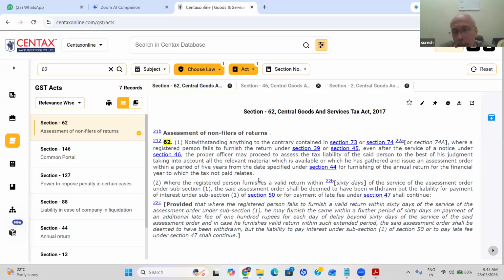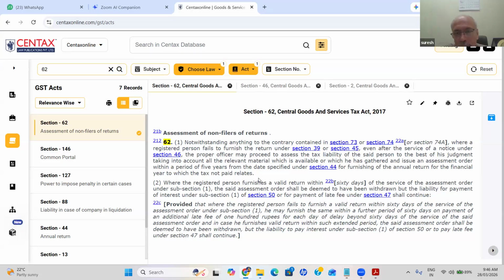Now I come to the practical problem, sir, as RPG has told me. So what is the practical problem? I tell you. Suppose the return of April was not filed, and ASMT 13 was issued. Agreed. And the assessee did not file the April return.